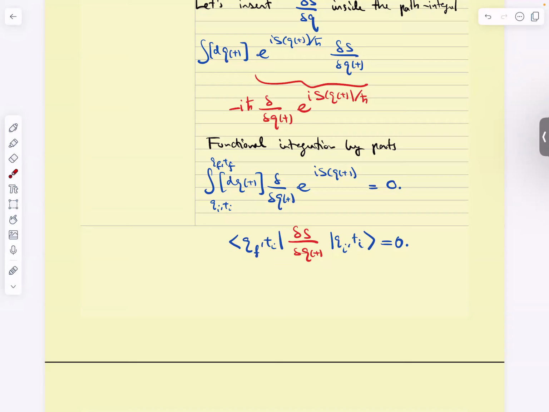Good. But what we're going to do is stick in some other operator over here. By the same principle, this is zero, but now you have two terms. You have del S del q times O, plus, what is the other term?